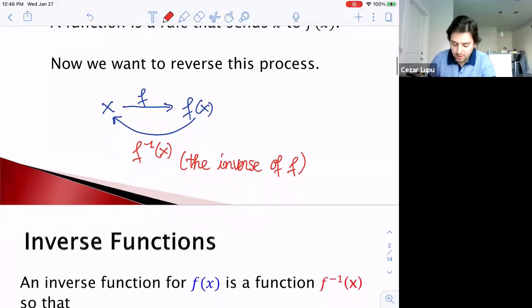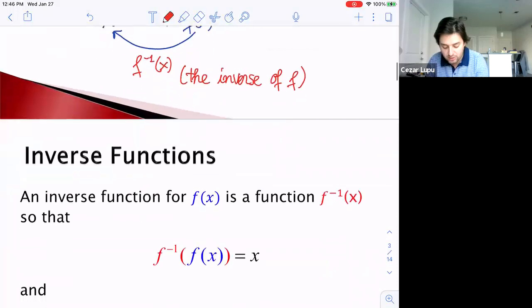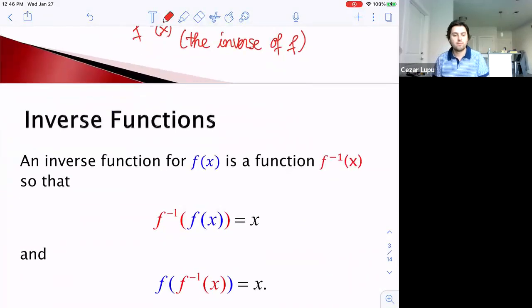All right, so an inverse function for f of x is a function f to the -1 of x such that these two conditions are met. You see, f inverse, that's how we read this, of f of x is x, the identity, and f of f inverse of x is the same, the identity.